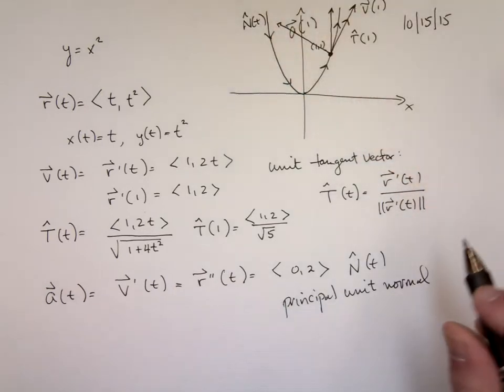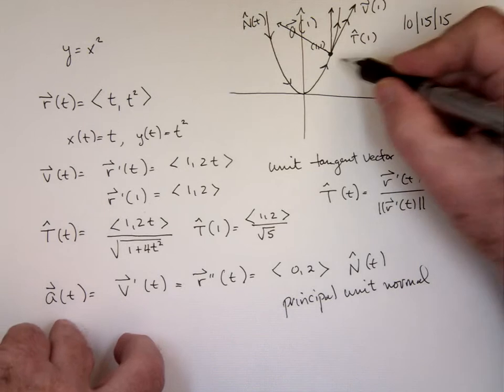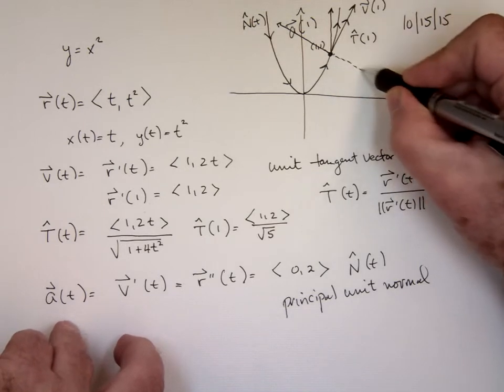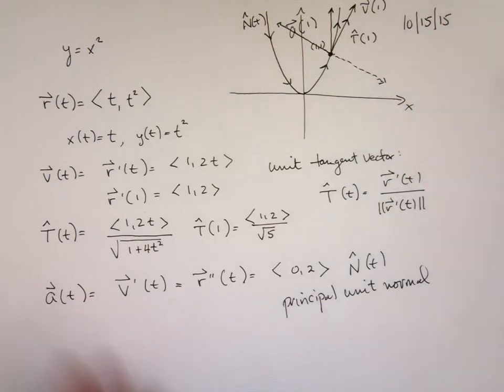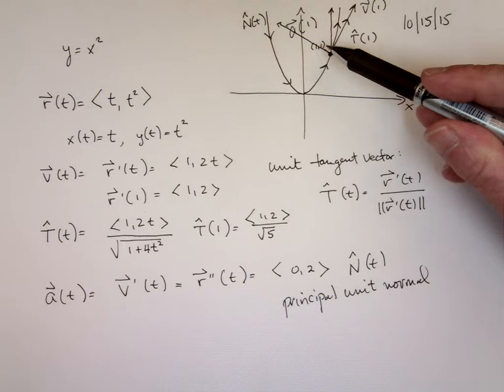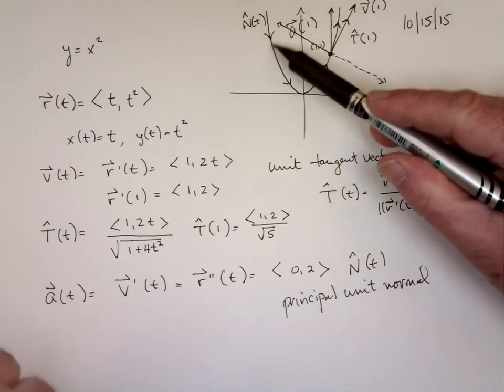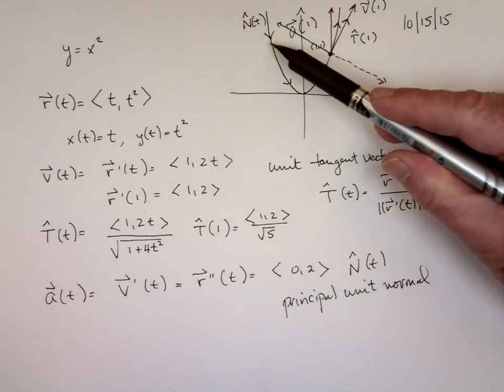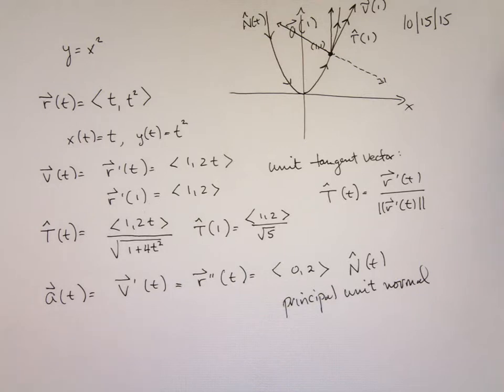That's the principal unit normal vector. And there's another normal vector, which is the one we're not interested in. It's a normal vector. It's perpendicular to the tangent vector, but it's not the one pointing inward in the direction of motion, and that's the one we're interested in. That's the principal unit normal vector, the one pointing inward.